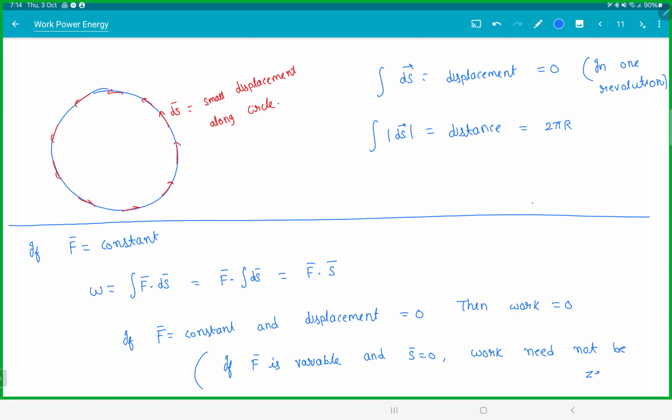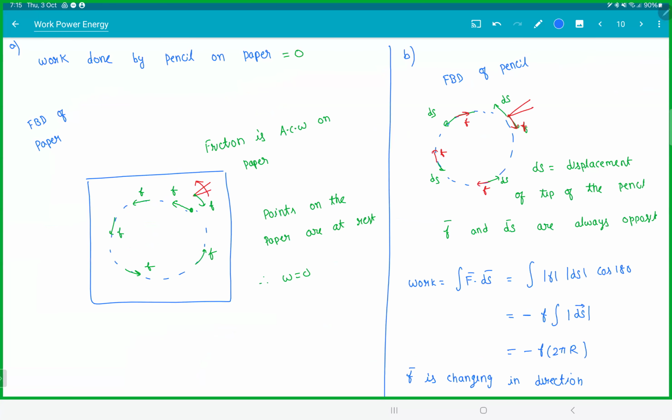So the statement you learned in school, that if the displacement is zero, work done is zero, is wrong. That is valid only when the force is constant. Clear with this? The reason it doesn't work here is that friction is not constant. Friction's direction is changing every instant.